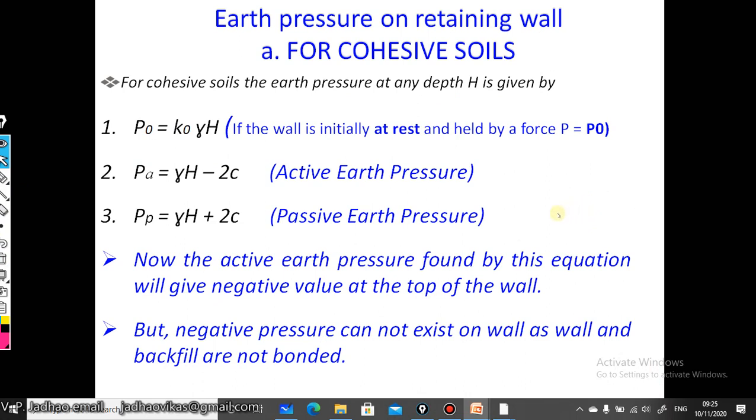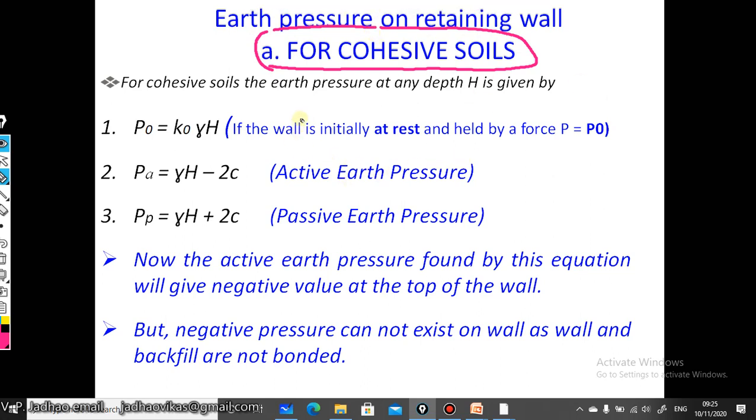Now, the earlier formulas were for cohesionless soil, or phi soils. There is a possibility that the behavior of cohesive soil may be something different.